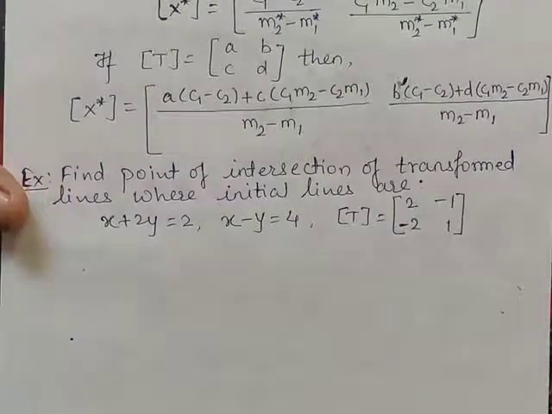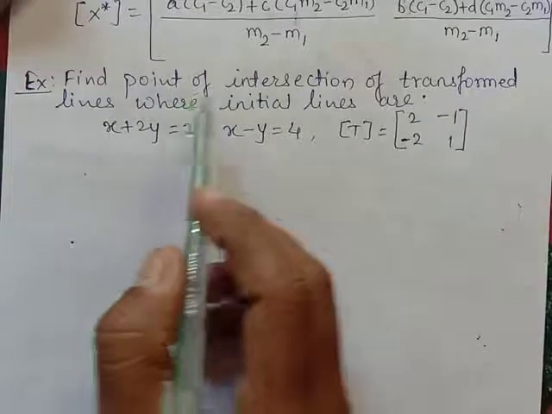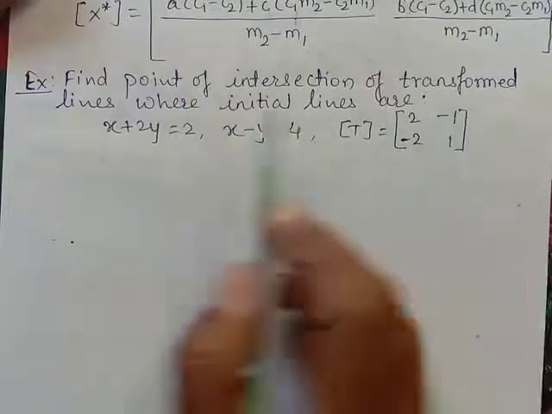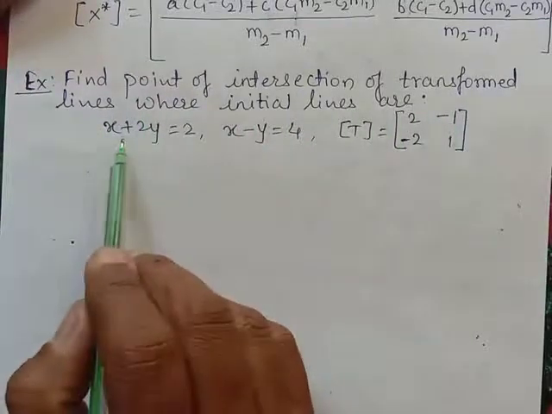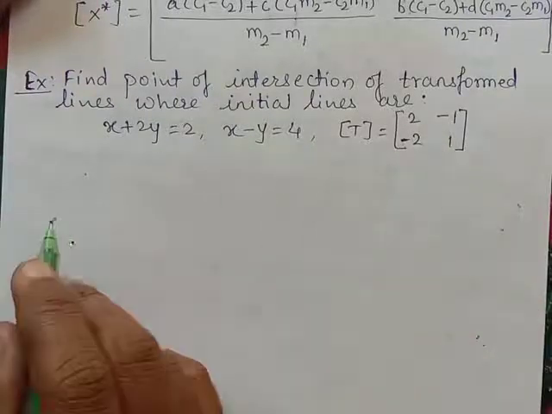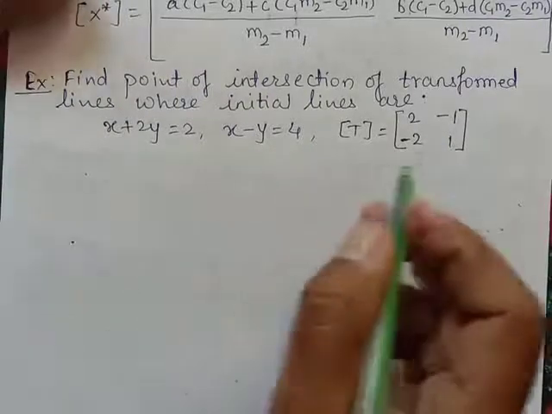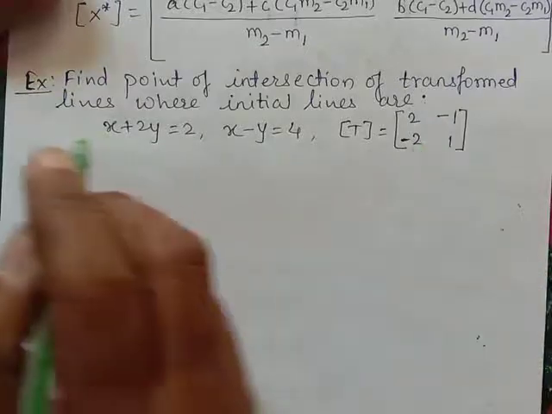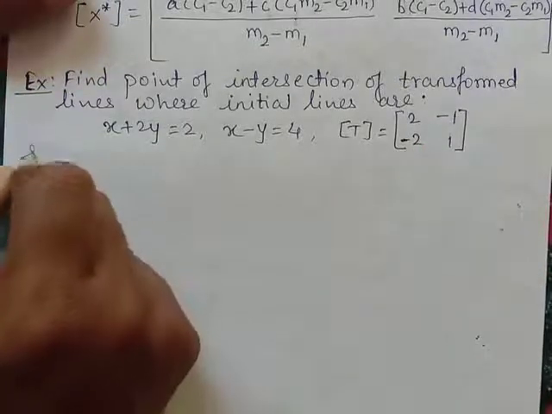Okay, in this question the point of intersection of the transformed lines is asked. The original lines are given, and this transformation matrix is applied on these lines, as it is said in the question.